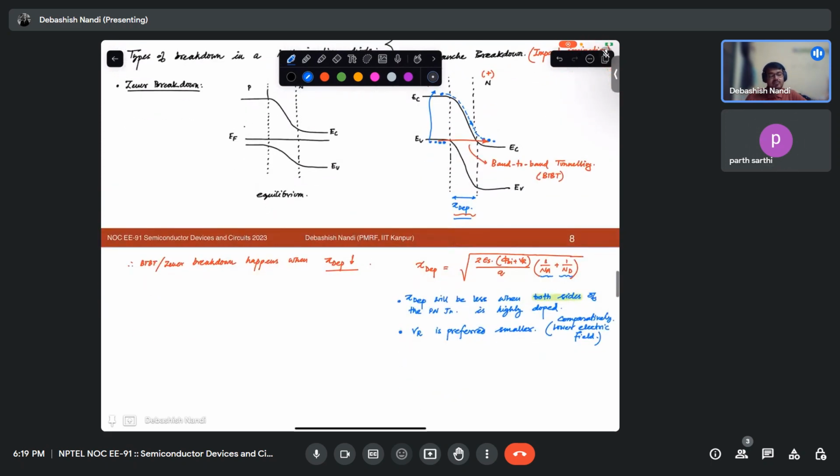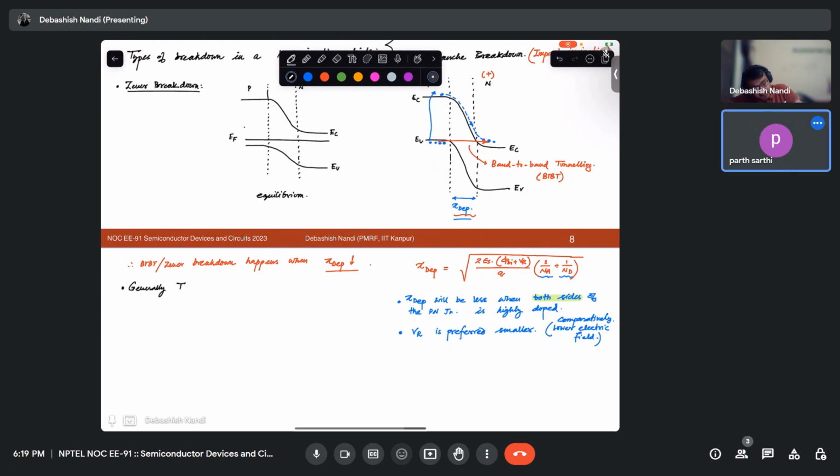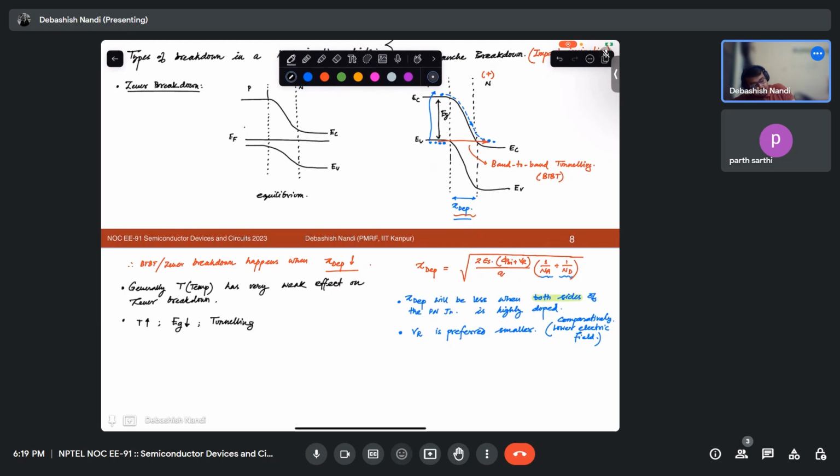And what is the effect of temperature in that? Generally, temperature has a very weak effect on Zener breakdown. So this is your Eg. Take it as it is: if T increases, your Eg or energy band gap decreases, so your tunneling will increase.